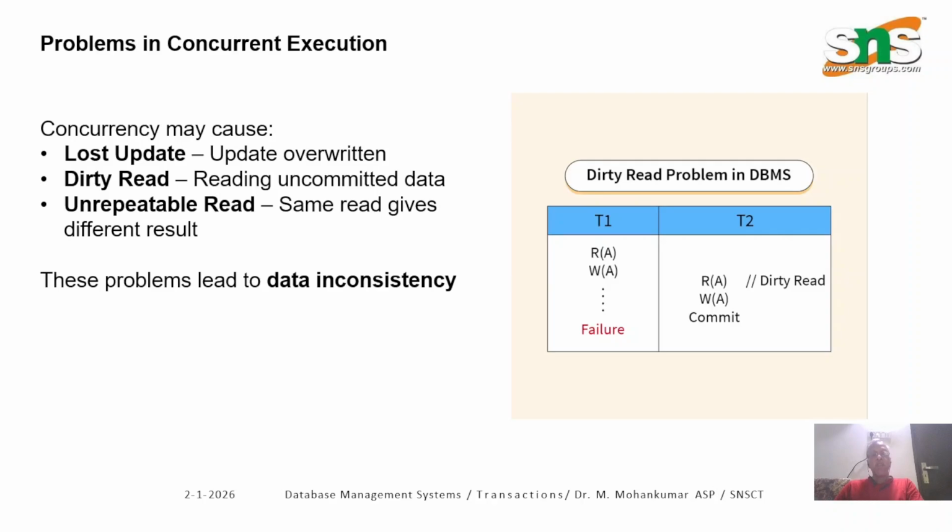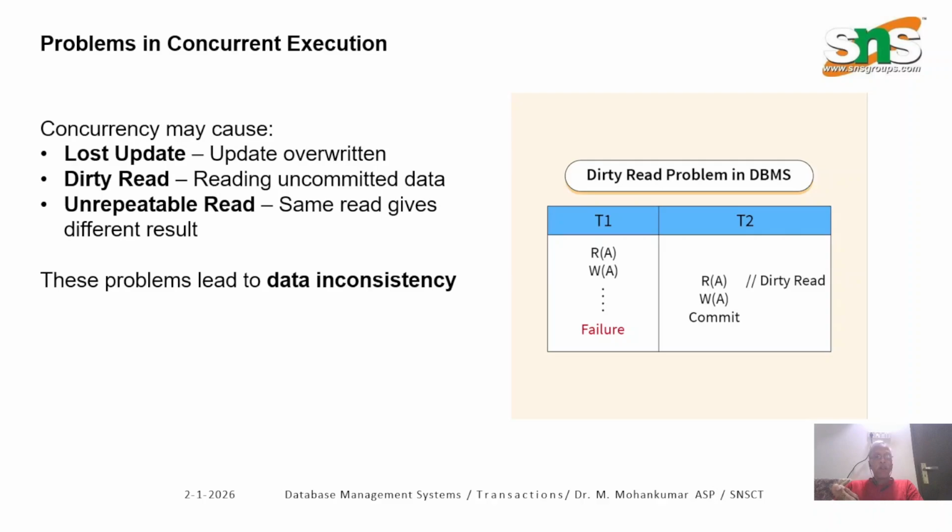These problems lead to data inconsistency. If we do not fix these issues, the customer or user may feel that the data is inconsistent, not accurate, and has some issues, so they may go for a manual process of activities.